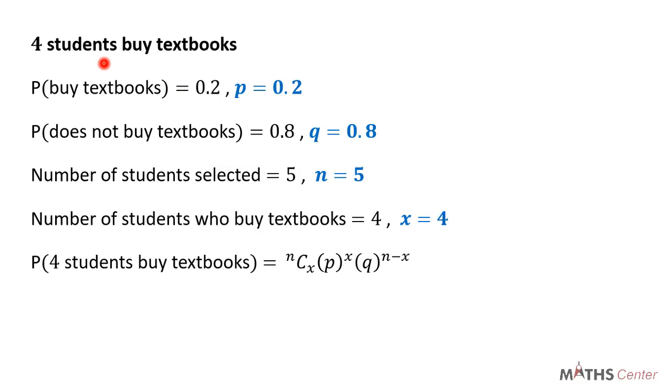The next one will be the probability that 4 students buy textbooks. If 4 students buy textbooks, then the number of students who buy textbooks is equal to 4. So X is equal to 4. We have the values of P, Q, and N here. So you substitute them in here. When you do that, you have 5 combination 4, 0.2 exponent 4, 0.8 exponent 1. And this gives us 0.0064.